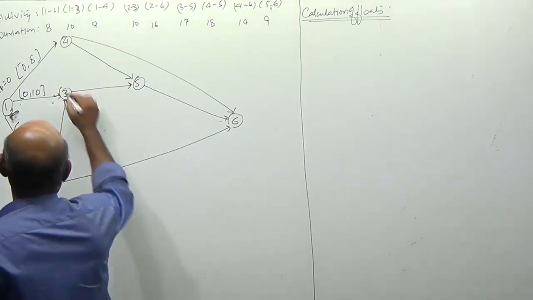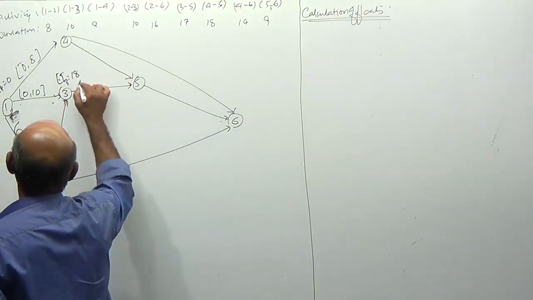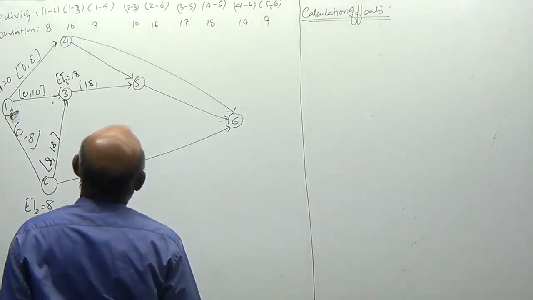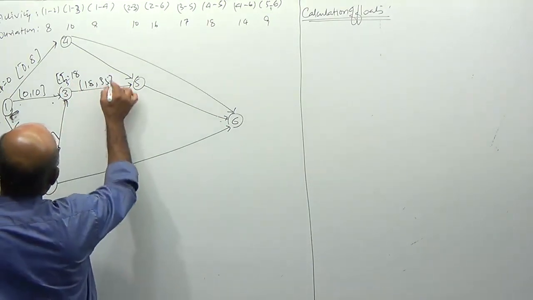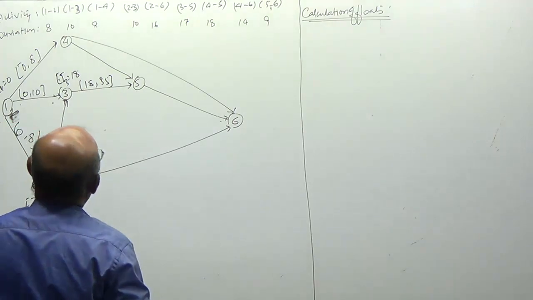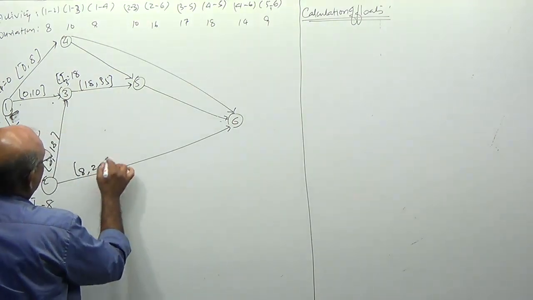Therefore 3-5 cannot be started before the 18th day. 3-5 will take 17 days, so 35. 2-6 will take 16 days, so 24.